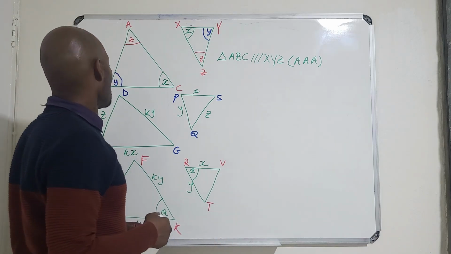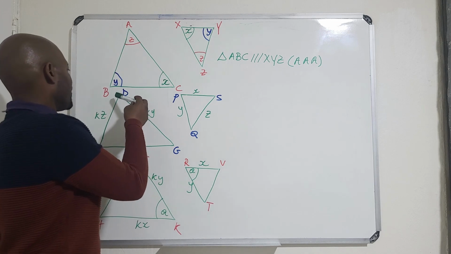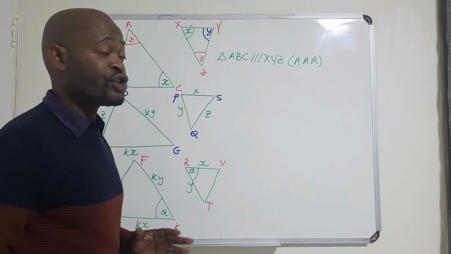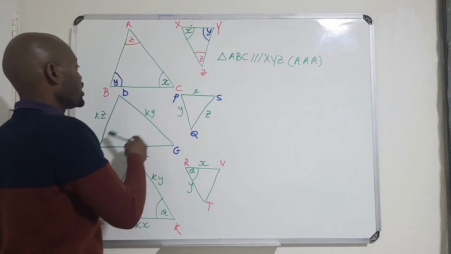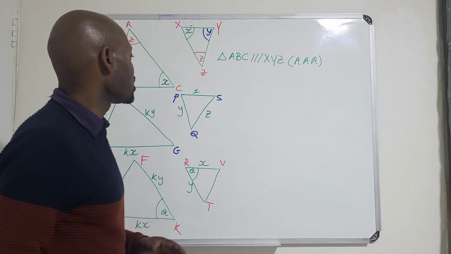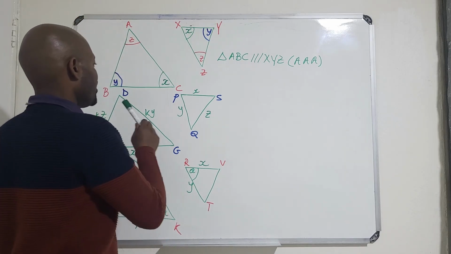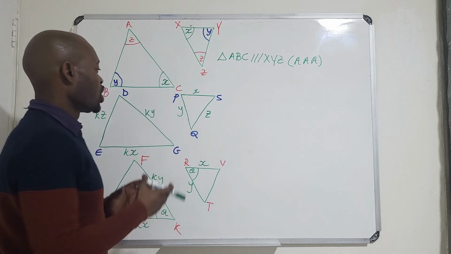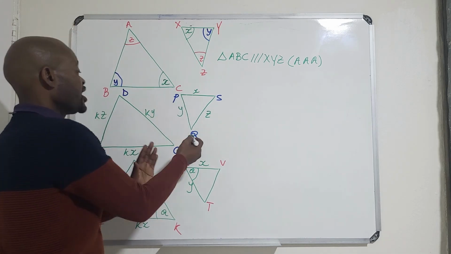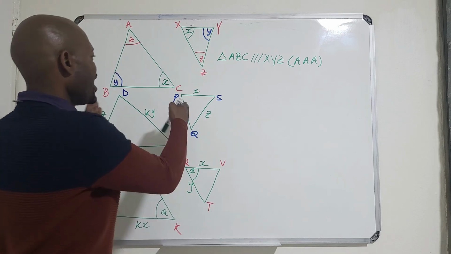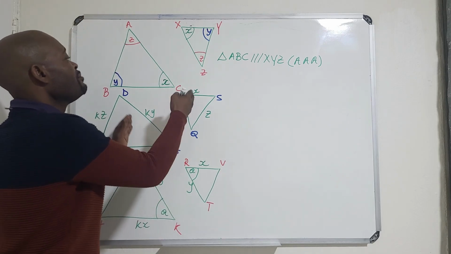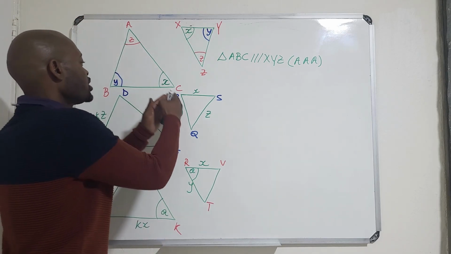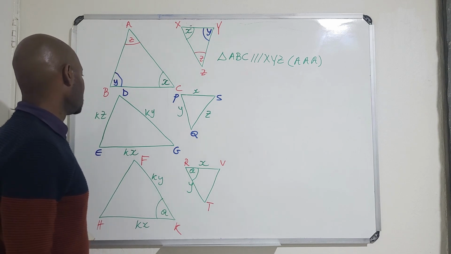Now, when the corresponding sides of two triangles are in the same ratio, then the two triangles are similar. Therefore, it's not that sides must be equal in this case. In this case, we have similar triangles if corresponding sides are in the same proportion.